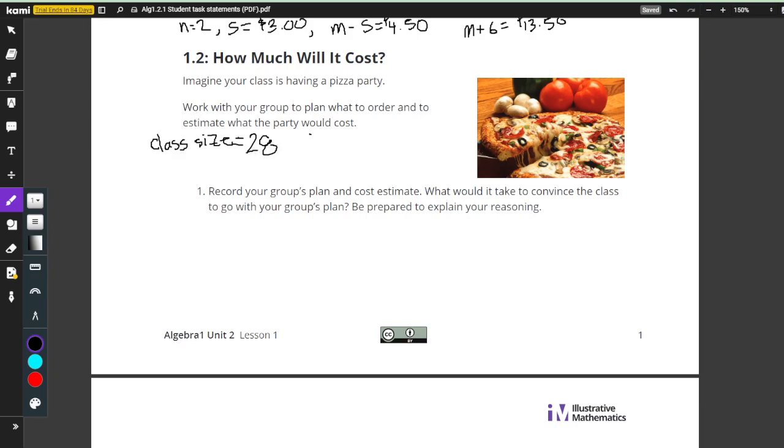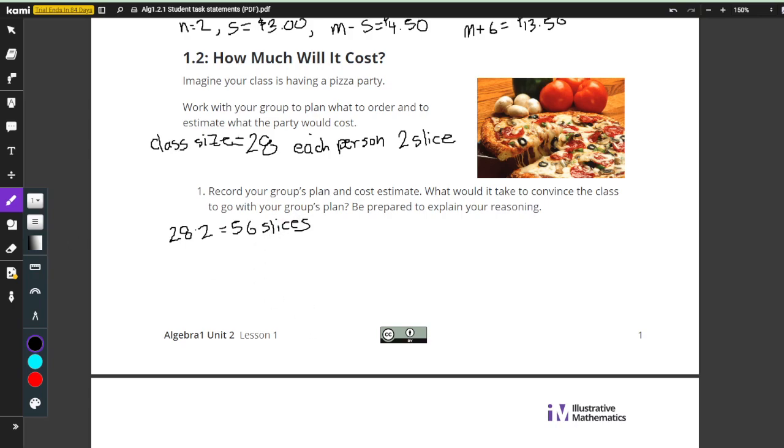Okay, we have a class size of 28 in the class, and let's say each person is going to eat 2 slices of pizza. Okay, so then we can record our group's plan. So let's say we have 28 people at 2 slices of pizza. We know for a fact that 28 times 2 gives us 56 slices.